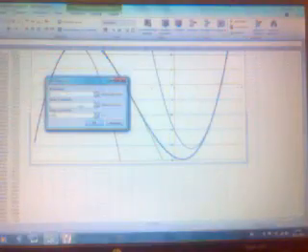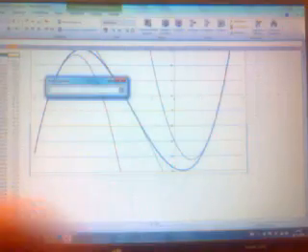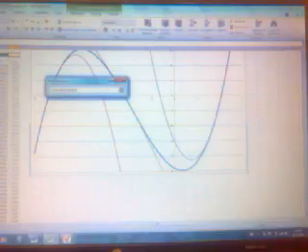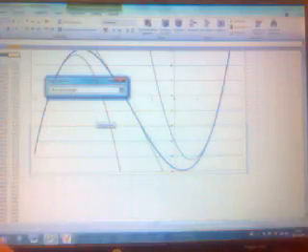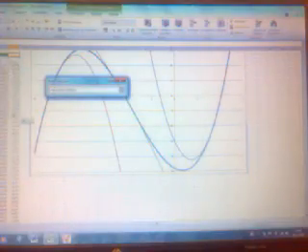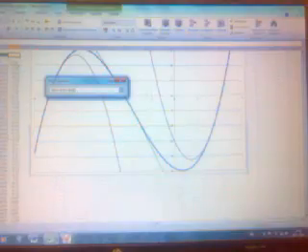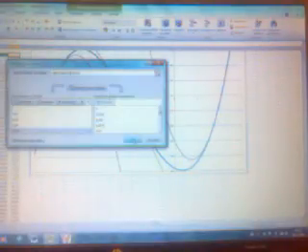So, add, name is this one, X values, 1, 5, 6, and then that one is Y, 1, 5, 6, 8. Bingo. Okay. And there it is.